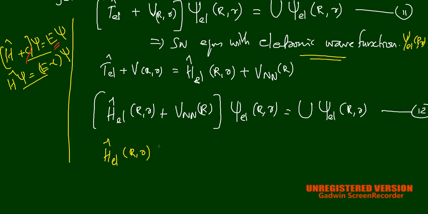Then what remains is psi electronic of R. The eigenvalue here is U, and that U will be reduced by Vnn. The new eigenvalue will be U minus Vnn.